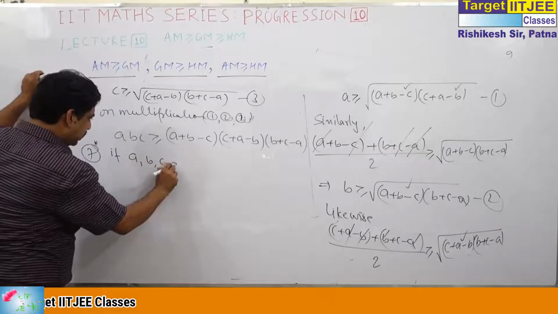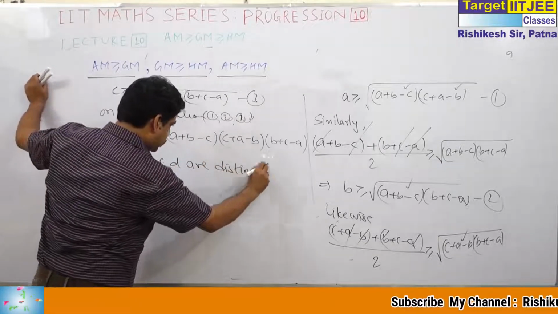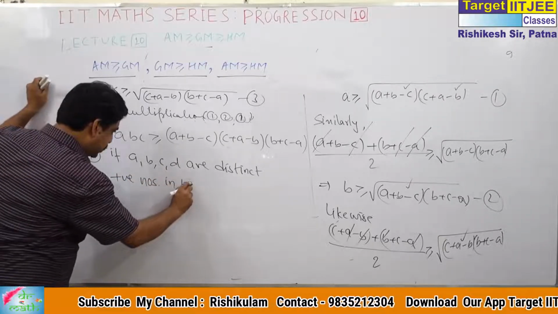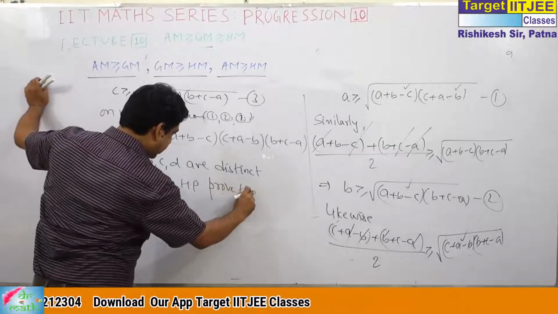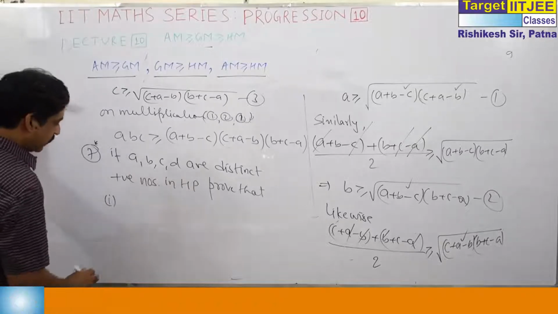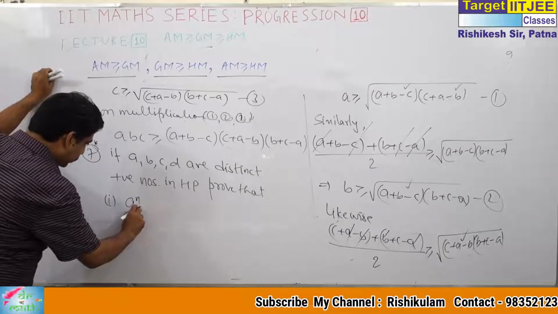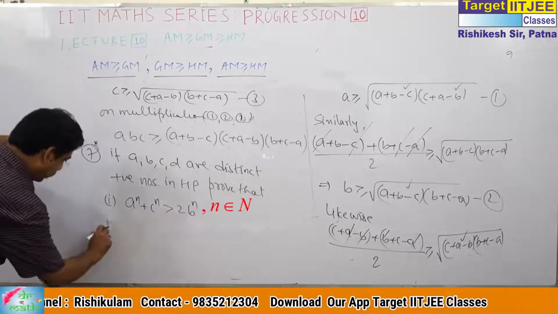The idea is that if A, B, C, D are distinct positive numbers in HP, prove that, first of all, A to the power n plus C to the power n is greater than 2B to the power n.